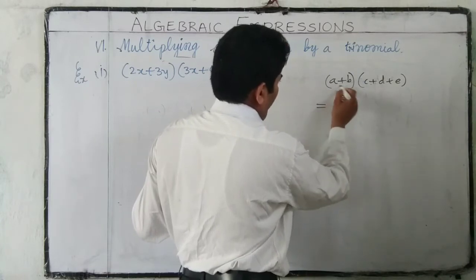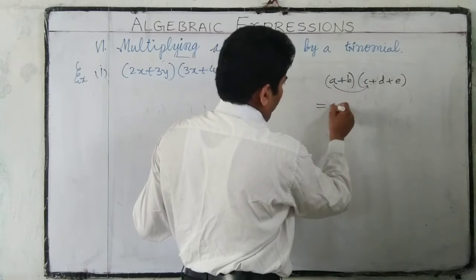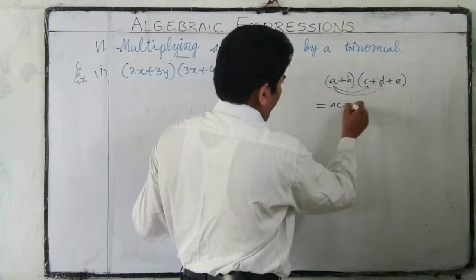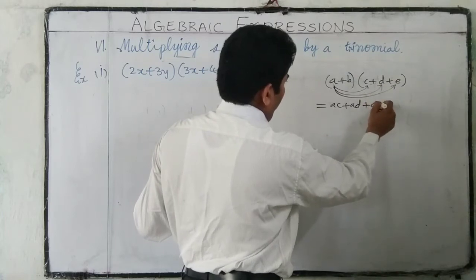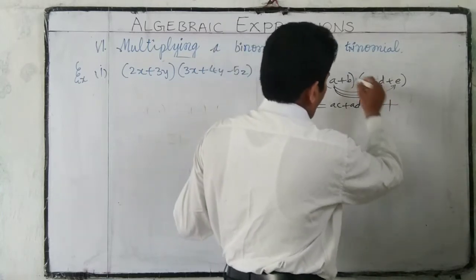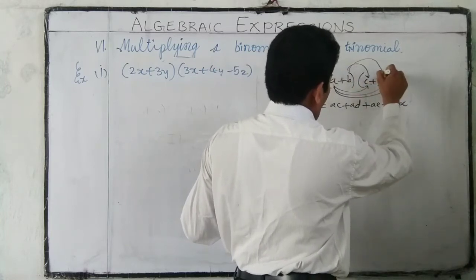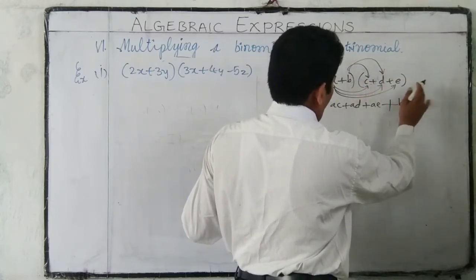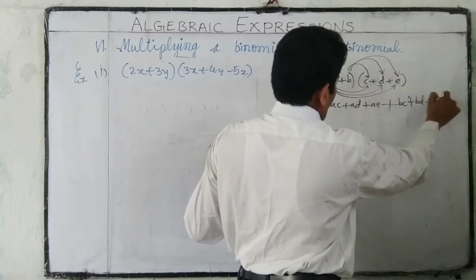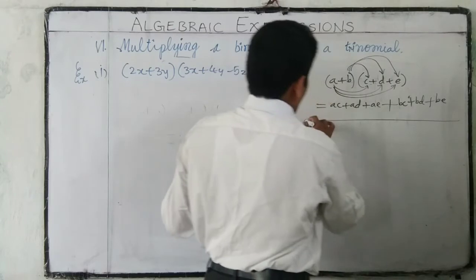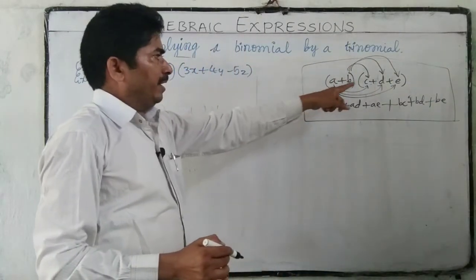This is the method of multiplying: a into c, ac, a into d, ad, plus a into e, ae, plus b into c, bc, plus b into d, bd, plus b into e, be. So this is the method of multiplying a binomial by a trinomial.